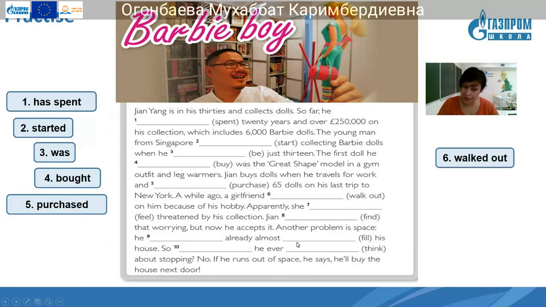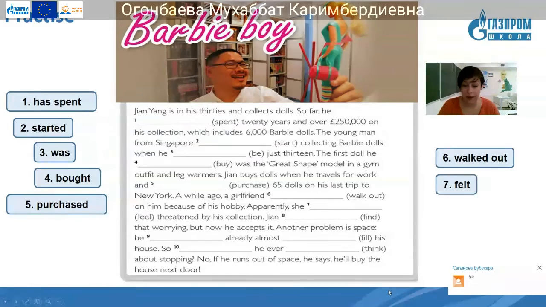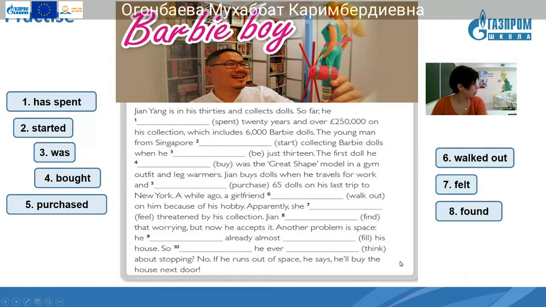A while ago, his girlfriend walked out because of his hobby. Apparently, she felt threatened by his collection. Very good, Dania. He found that worrying, but now he has accepted it. Very good, Dania. So we're talking about facts. That's why we're using past simple, because we are talking about facts.